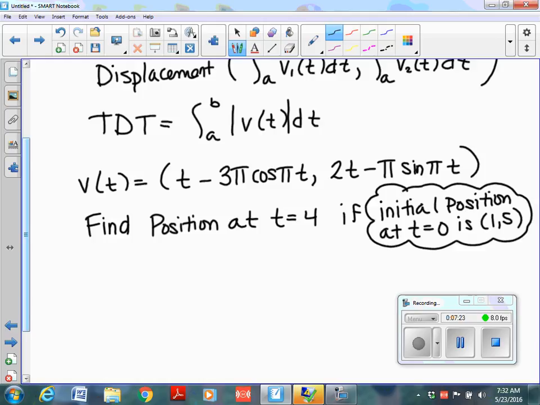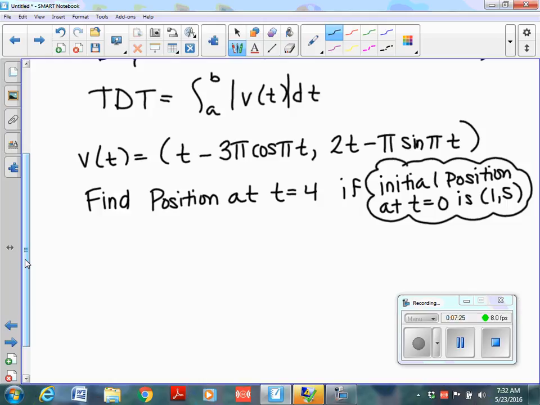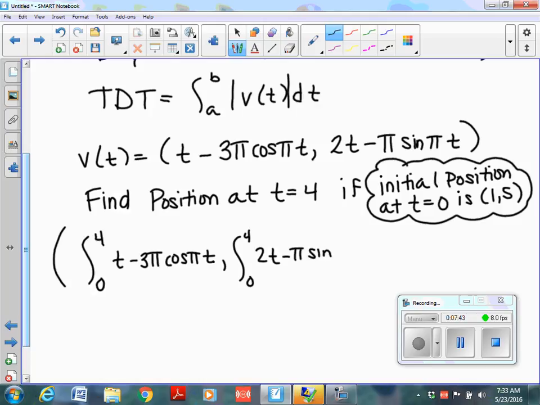So all I'm going to do is integrate from 0 to 4 the t minus 3 pi cosine of pi t, and I'm also going to integrate from 0 to 4, 2t minus pi sine of pi t dt. Forgot my little dt again.